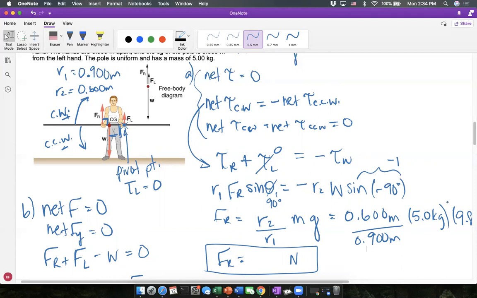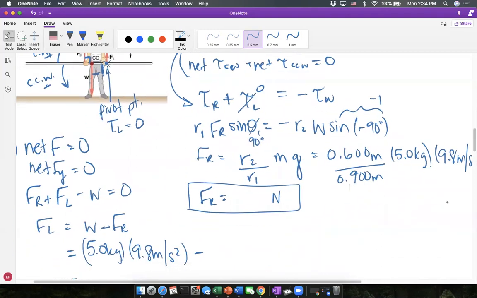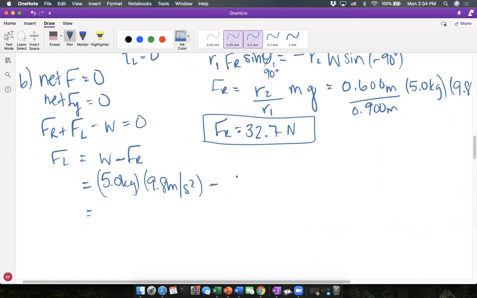So 0.6 divided by 0.9 times 5 times 9.8. Okay, there we go. So we get 32.7 newtons here. Let's plug that in. Okay, that makes more sense.